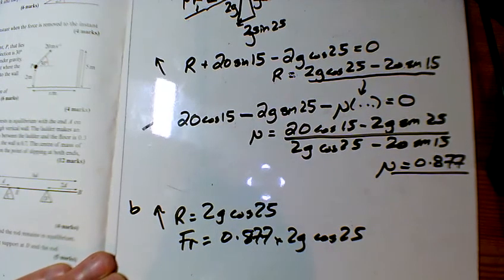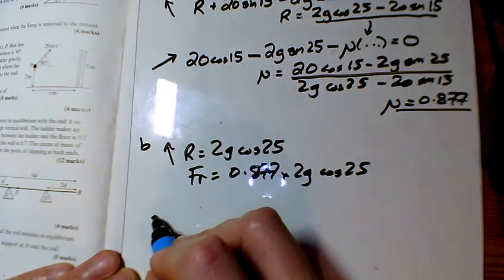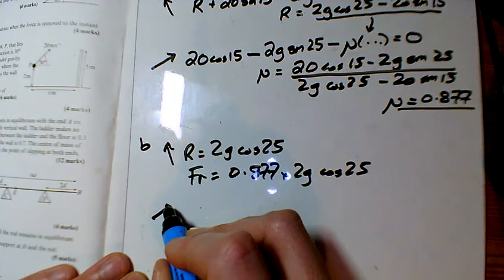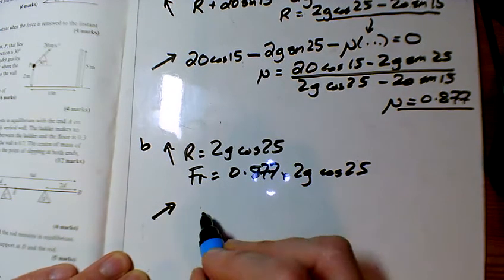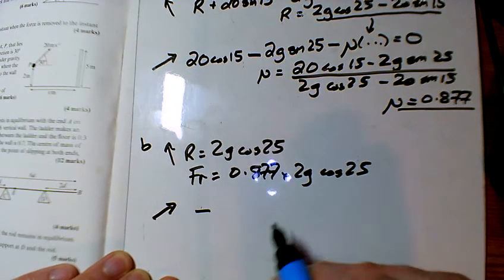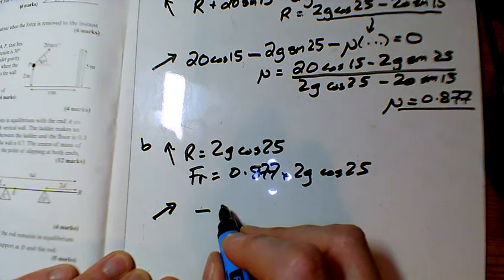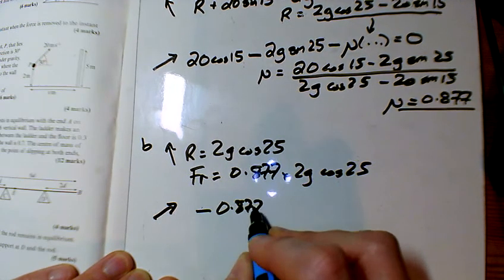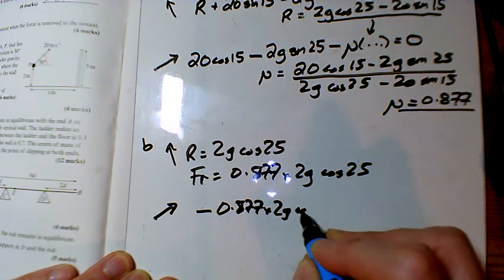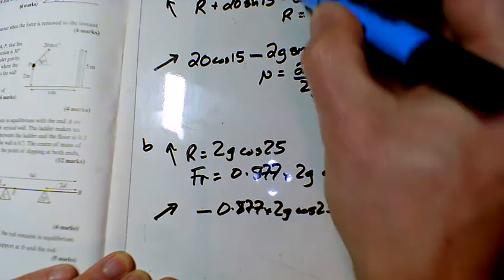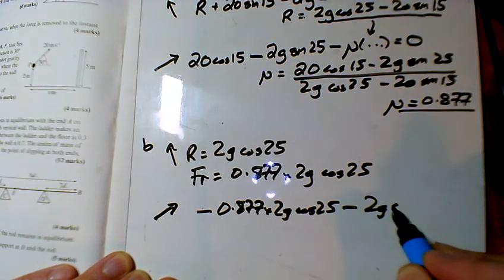And if we now look at the forces pulling it up the plane, we've got nothing, have we? So we've just got this friction here, and we've got the weight part of it, the 2g sine 25.